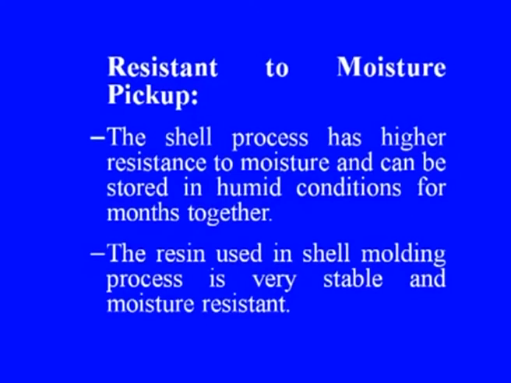Resistance to moisture pickup. This is another big advantage. The cell process has higher resistance to moisture and can be stored in humid conditions for months together. The resin used in cell molding process is very stable and moisture resistant.